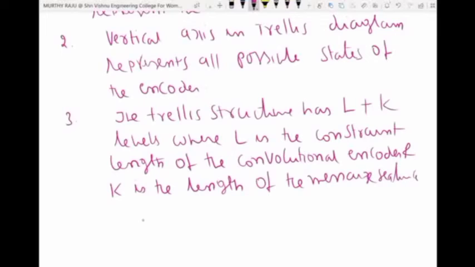Here, constraint length L is equal to M plus 1.